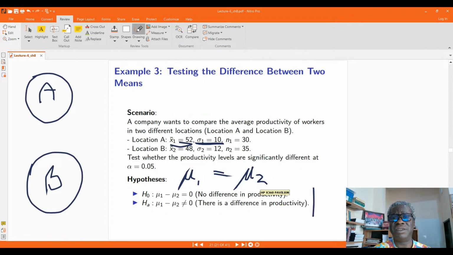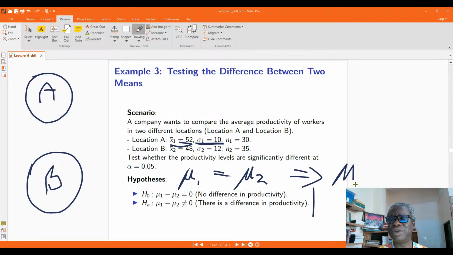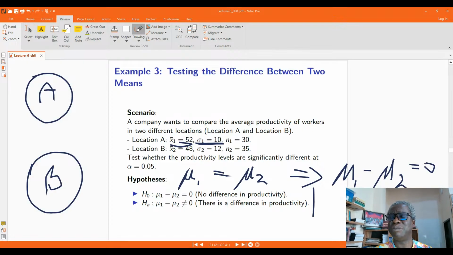But in this case, you could also rewrite this. So this also implies that there is no difference. That is, location A minus location B, in terms of productivity, the difference is 0. So the hypothesis could be written also this way. If you say they are the same, that's okay. If you also say the difference is equal to 0, you are still saying the same thing.